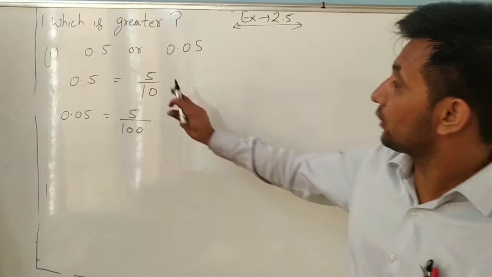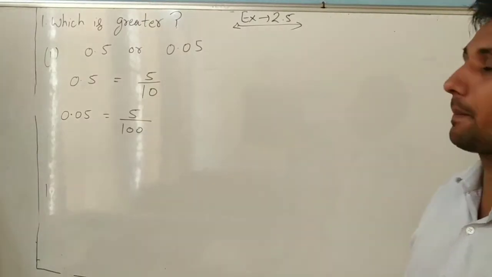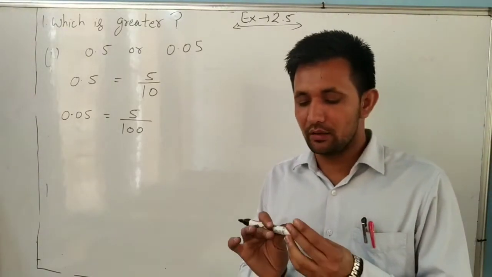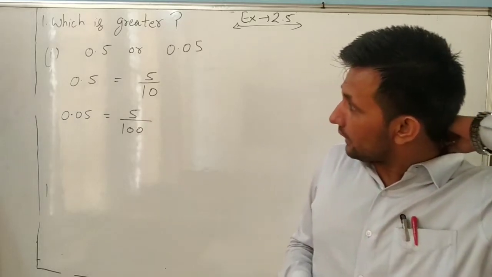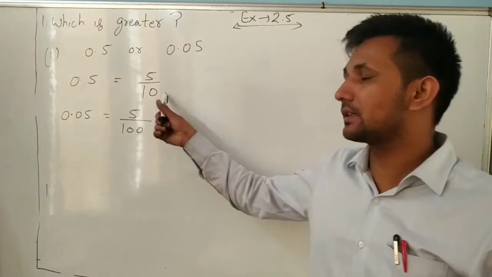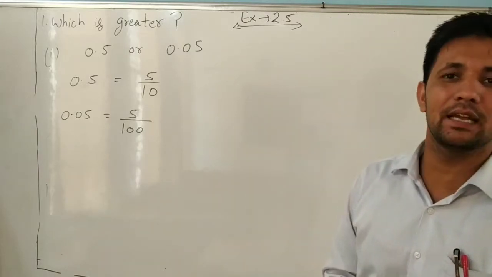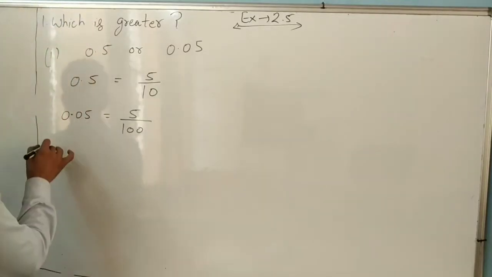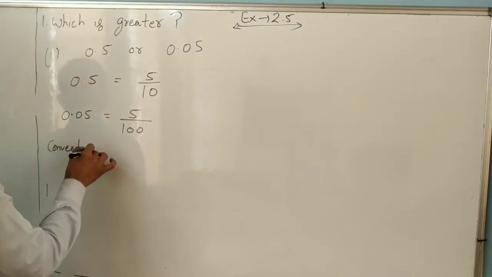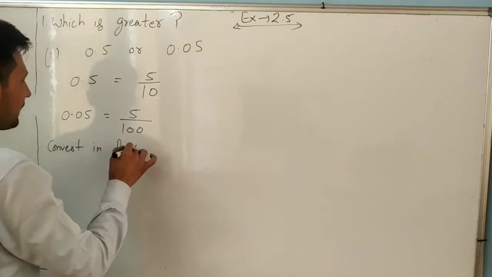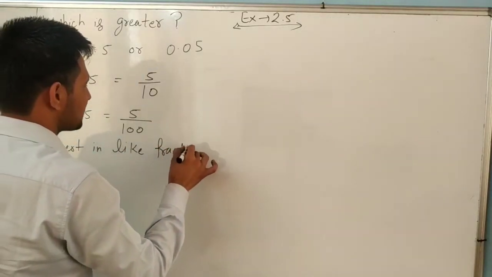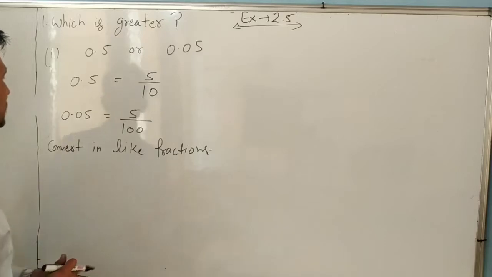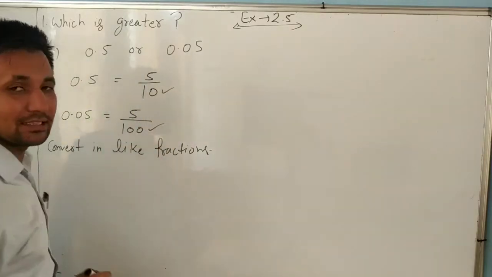Now what will we do? We can compare two fractions if both denominators are the same. If the denominators of two fractions are the same, we can say they are like fractions, and in like fractions we can compare easily. So first we will convert into like fractions. We have to find the LCM of the denominators.